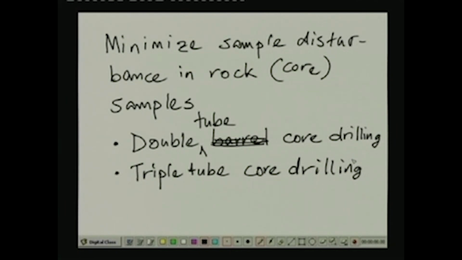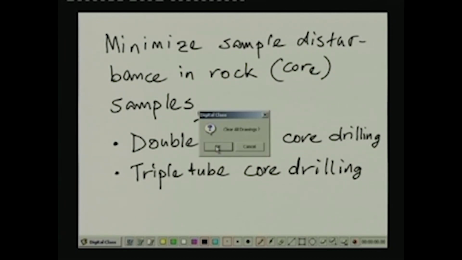So, these are the possibilities, and the procedures of each of these were discussed in the previous day's lesson. So, these are the options that you have in order to minimize disturbance.